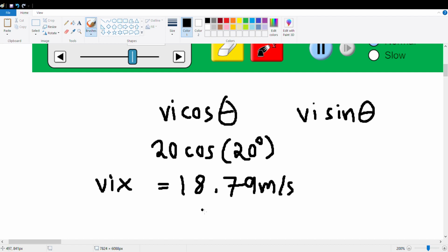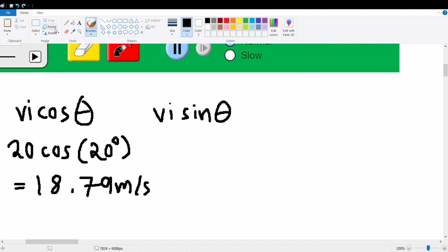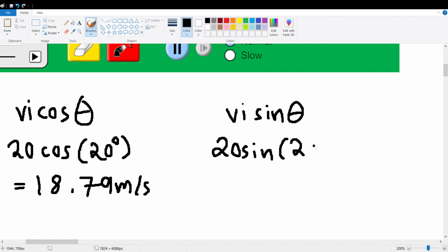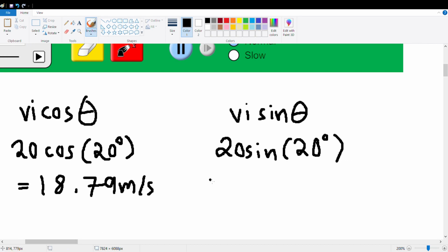That is our Vix, and for our y, it's going to be 20 sine 20 degrees. Viy equals, let me put that in a calculator, 6.84 meters per second.